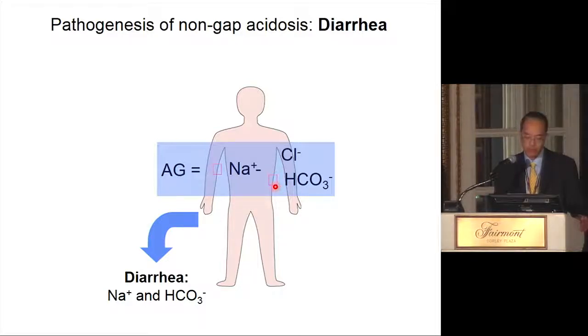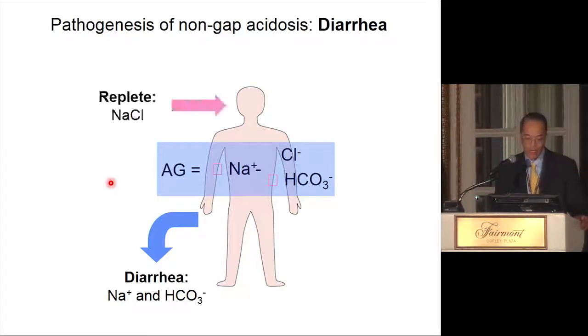But this would lower your sodium and bicarbonate simultaneously. And so your anion gap shouldn't change, right? If the number on the left goes down by 2 and this number on the right goes down by 2, the anion gap should be unchanged, which is another way of saying that when you're having diarrhea, you're not adding any other unmeasured anions into the mix, okay?